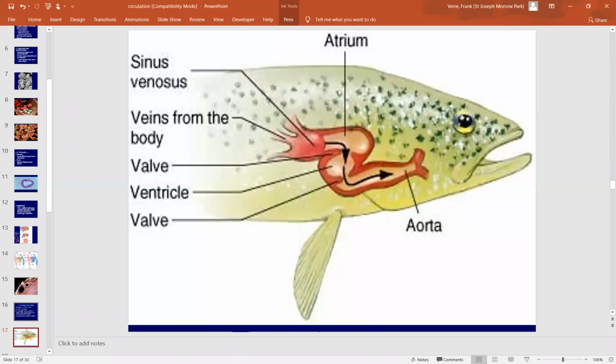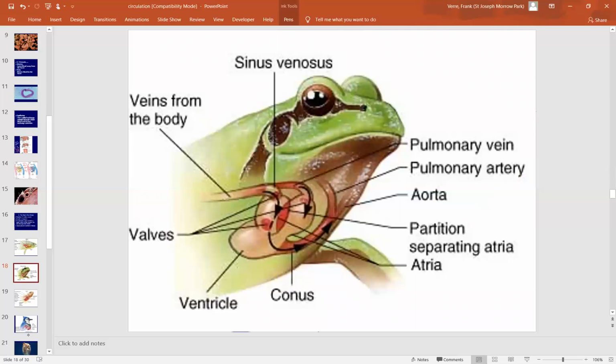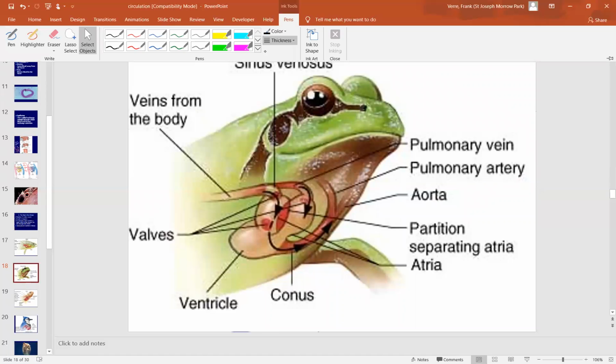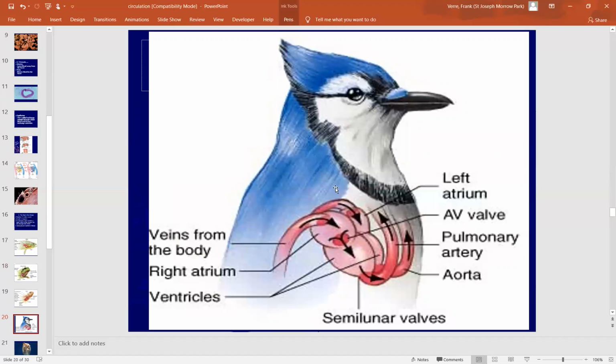Here is an image of the fish heart. It's made up of two chambers. Here is a heart from a frog. It's made up of 3 chambers. You can see that here. Here's 1 chamber, here's 2, here's 3. And then here is a bird. If you look at the bird, it actually has 4 chambers.